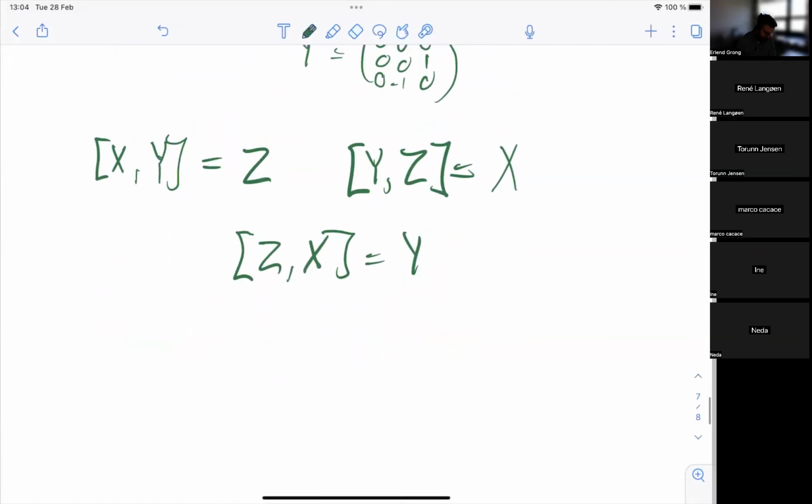And now let's consider the adjoint representation.